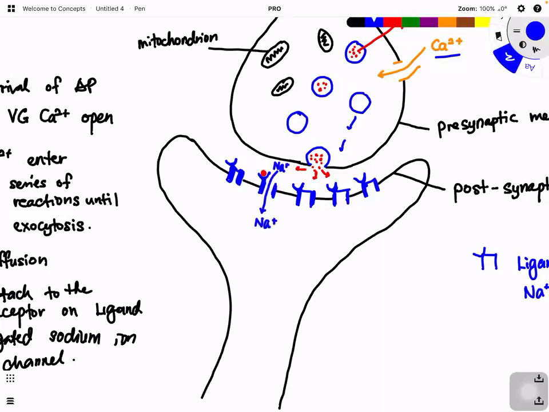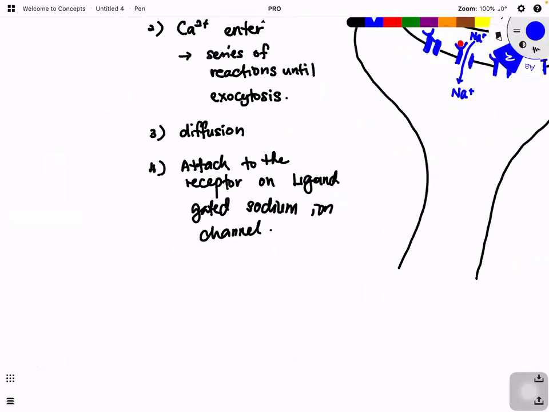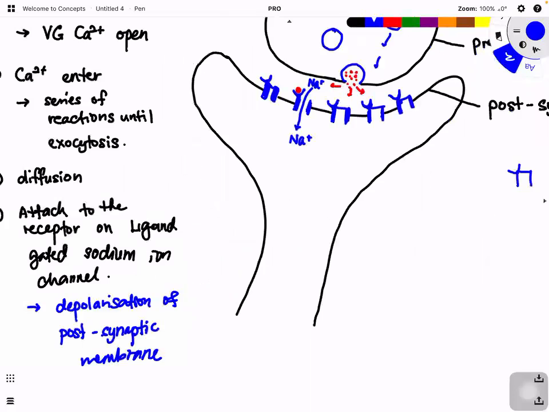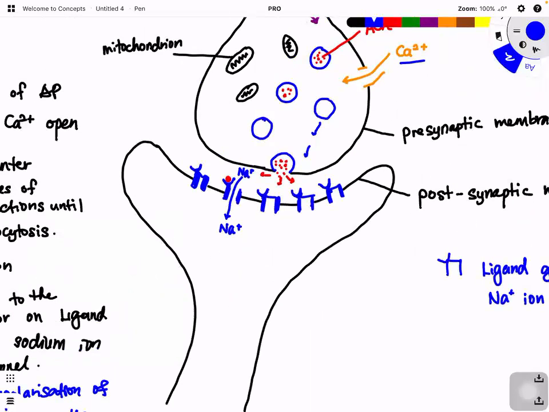The entry of sodium ions depolarizes the postsynaptic membrane. Therefore, an action potential will be generated. Can you see that, guys?